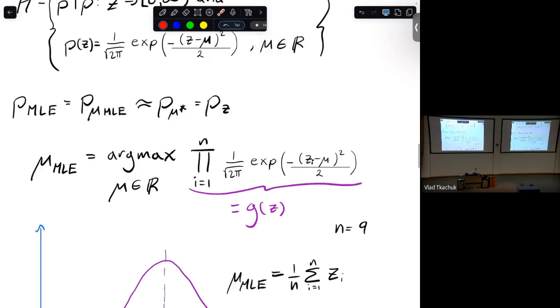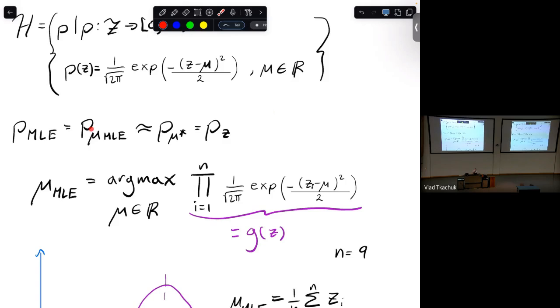So anyways, the maximum likelihood estimate for the mean parameter, which will fully describe the normal density, is the following. You take the argmax over mu of the likelihood function, which is just the product of the corresponding PDFs, all parameterized by mu. And notice how this is a function of that fixed data set we have.